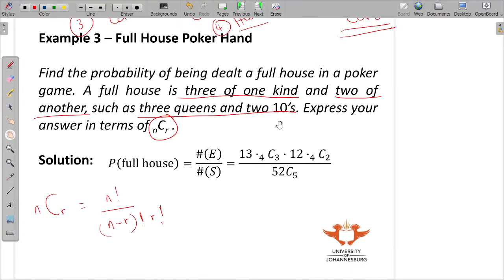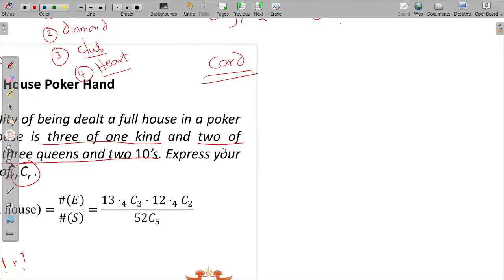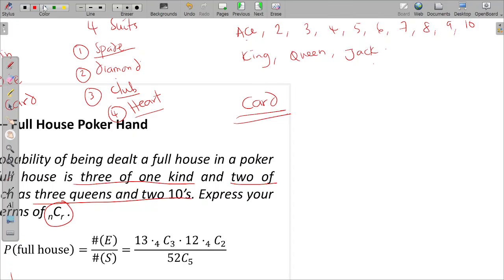Now we want to find a full house where we have 3 of one kind. So out of these 4, we want to choose 3, so we have 4 combination 3. Then we also want to choose 2, 4 combination 2. But don't forget, each of these has 13 types. So for the first one, we are choosing 3 multiplied by 13.